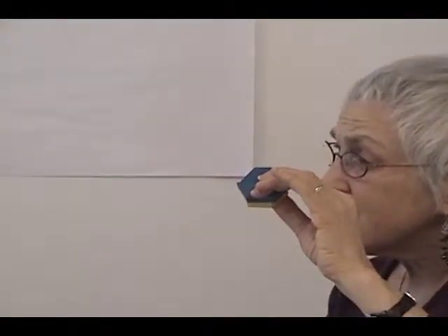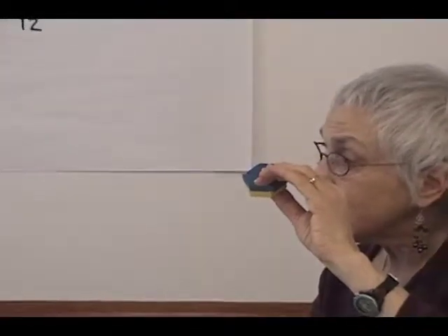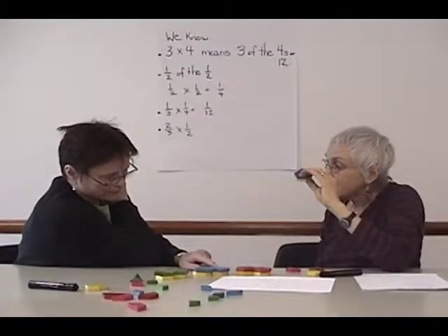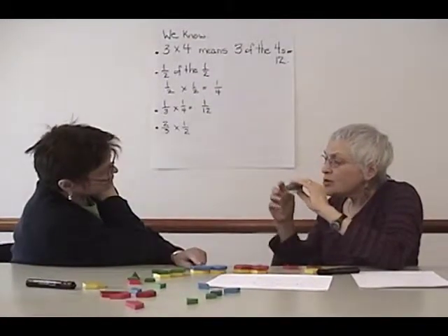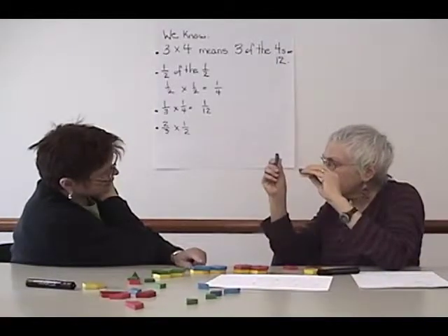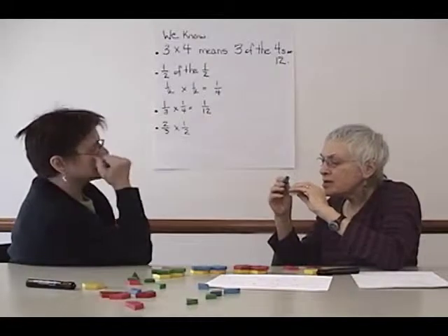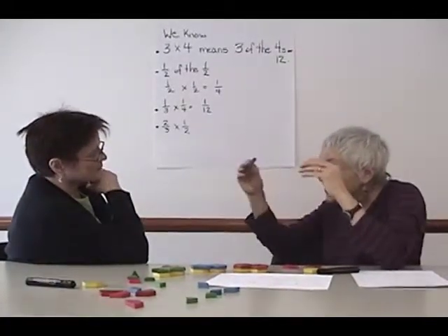According to our representations here, the blues are 1/6. Here's a third of a half, and that's 1/6 of the whole.